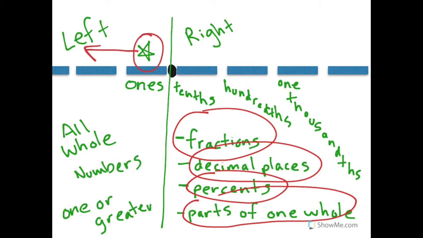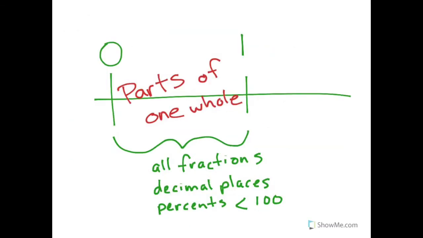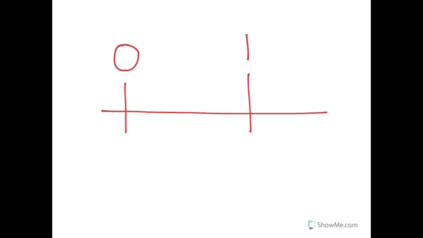On and on and on forever. All of these go on and on forever, and these are the smallest pieces and parts of wholes that you can imagine. And every single one of those, they live between 0 and 1. That's less than a whole.